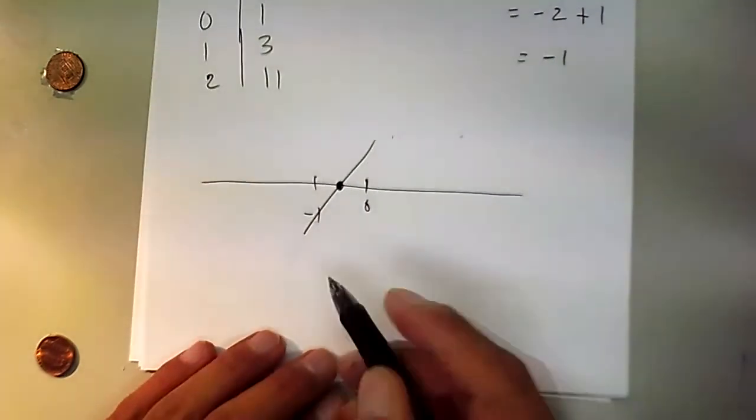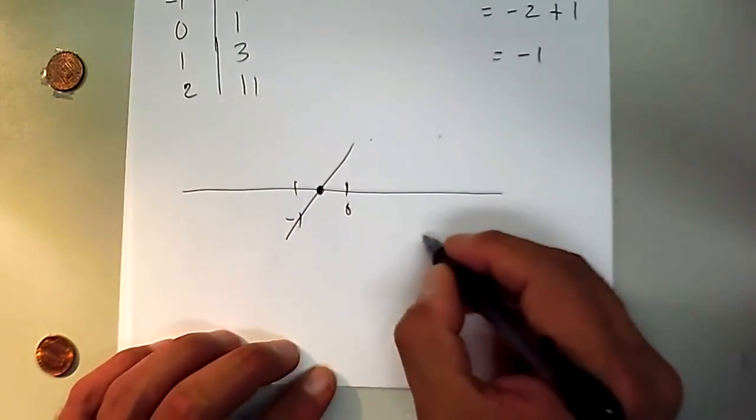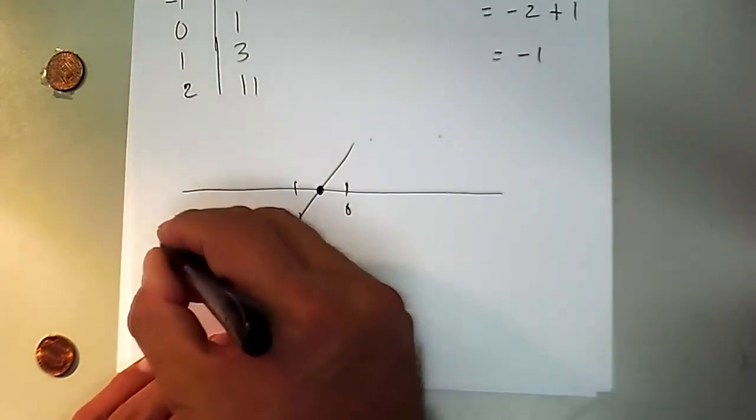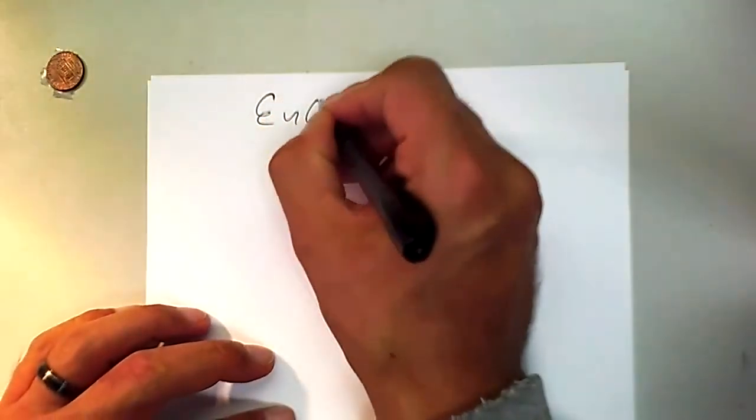Don't forget the limit. Again, there are 4 cases, going back to end behavior. There's one more thing. I want to go around and come back to the end behavior.